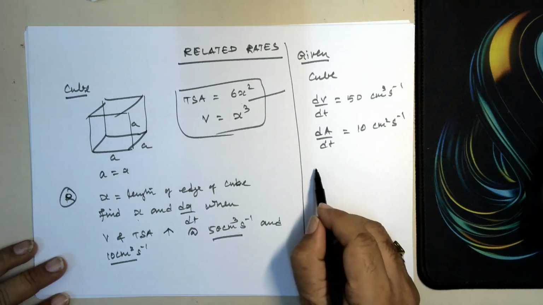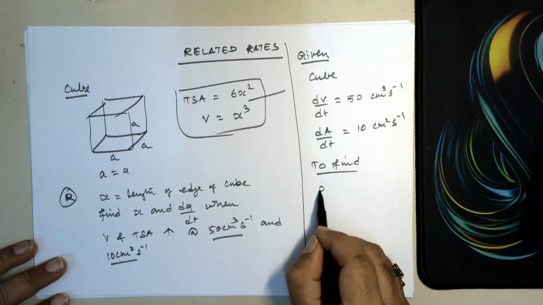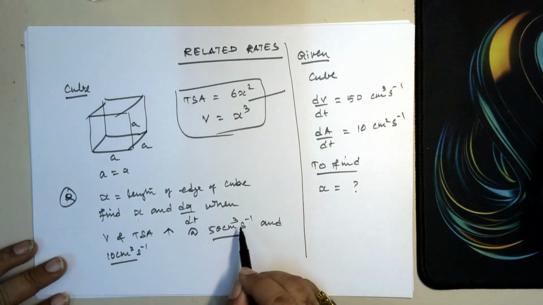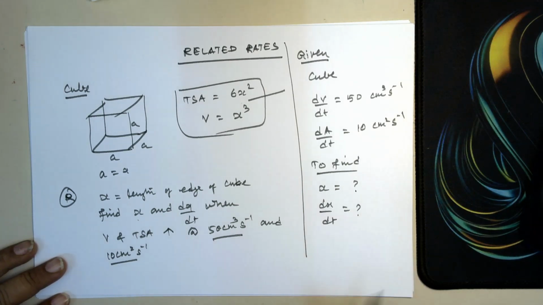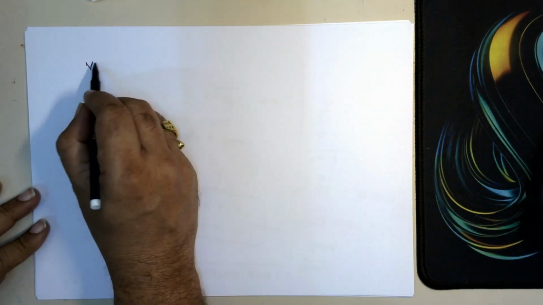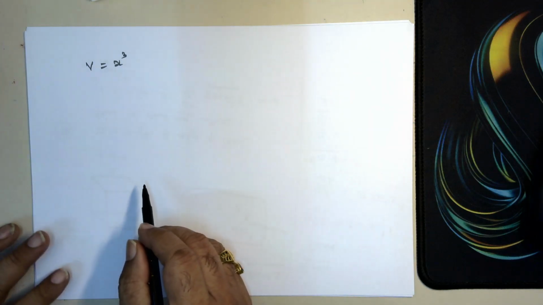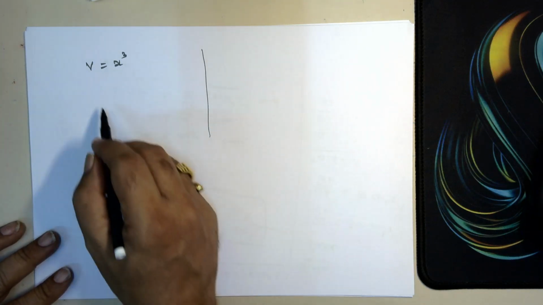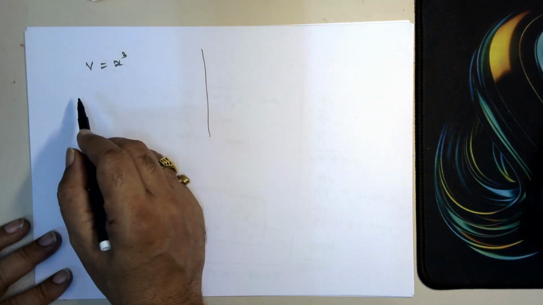Okay. So to find x and dx by dt. Now let us consider V is equal to x cube. That is the volume. Let us differentiate this with respect to t, because that is the rate of change of volume.